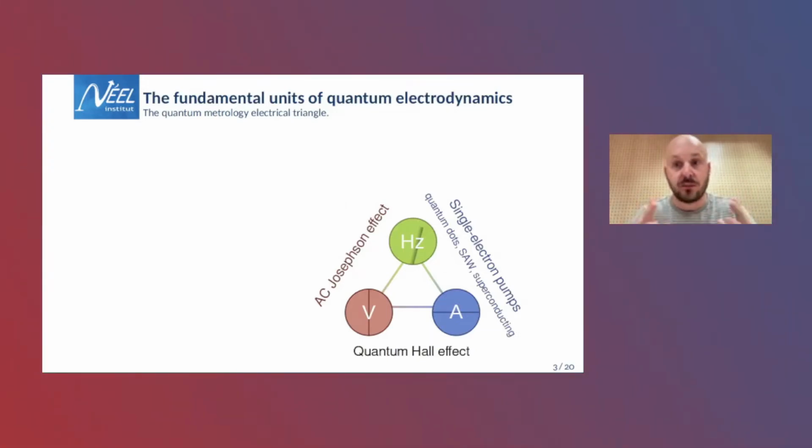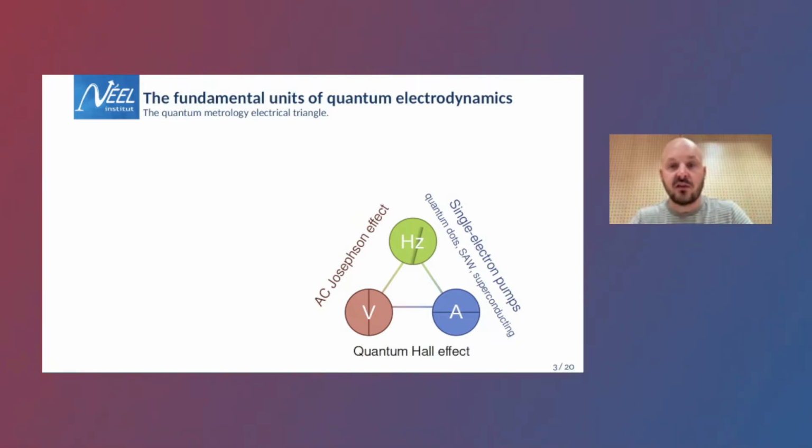All right, so let me start with a short introduction. The idea of this project is a bit broader than the dual of Shapiro steps, even though this is in itself a very interesting topic, of course. The idea is to deal with the quantum metrology electrical triangle. For those of you who are not familiar with this, let me give you a few hints. First, let's represent this metrological challenge as a triangle.